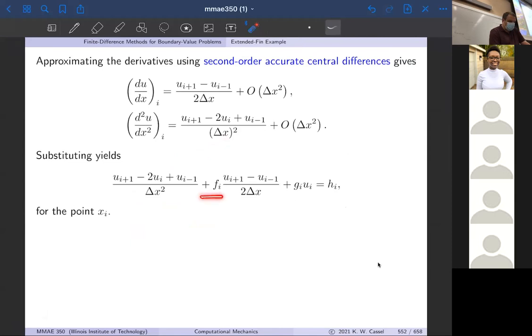Then plus f times du dx, and du dx is this, u i plus 1 minus u i minus 1 over 2 delta x. Then g i times u i is equal to h i. So we were approximating the governing differential equation at a generic point x i in the grid. We have a whole bunch of these x i points, i going from 2 to capital I.